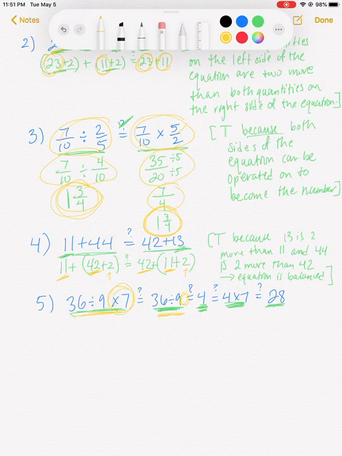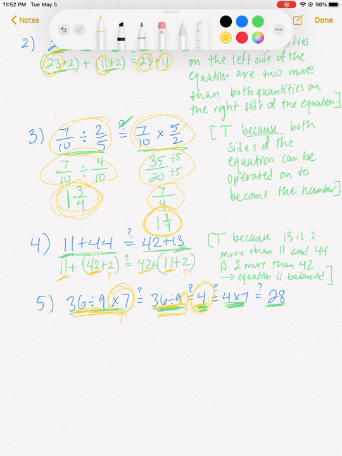Okay. So even though these first parts are the same, 36 divided by 9, this one says I need to multiply by 7, and that one I'm not. Okay, this one I'm not, this one I am multiplying by 7. Because of that, automatically they cannot be the same quantity. Now 36 divided by 9 is equal to 4, so this one's technically equal to that one. Okay, but I don't have that.